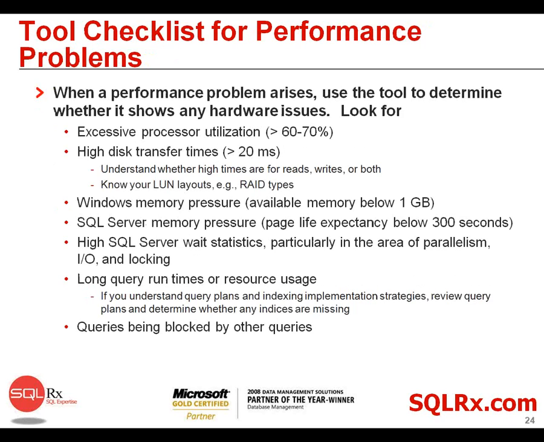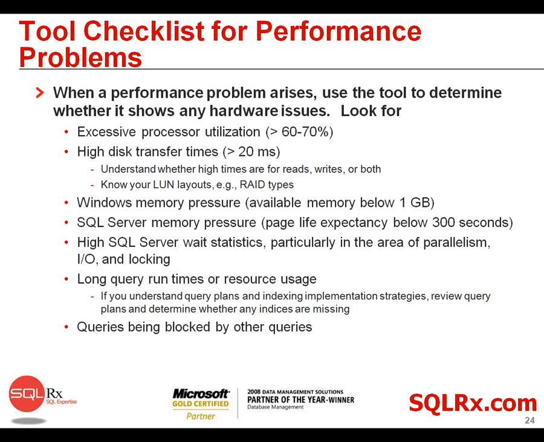So, a checklist about what to look for. When you have problems, look to see if the processor is pretty busy. See if you're getting high transfer times out of your disks. It's really important, and also to understand whether they're reads or writes. If you're only getting bad response time on the disks out of writes, then that could mean that you're doing RAID 5 and you're doing too much writing.